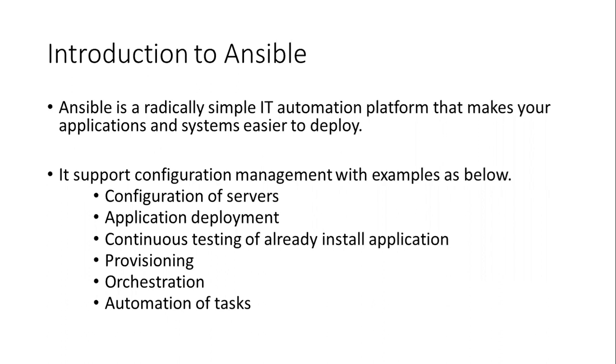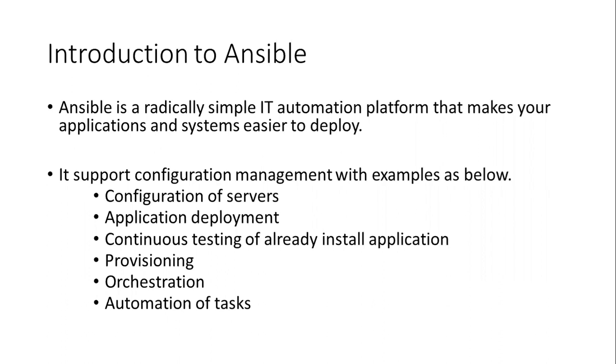And what is it used for? The same stuff: configuration management, for example configuring a server, deploying an application, doing some testing. Provisioning can also be done by Ansible, along with orchestration and automating all the manual tasks.